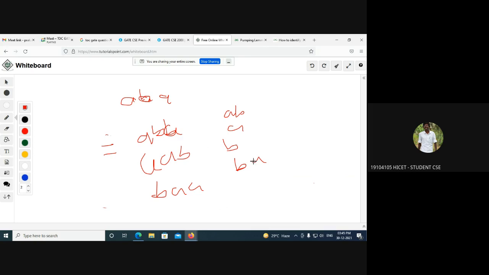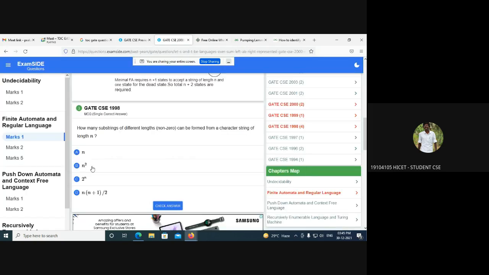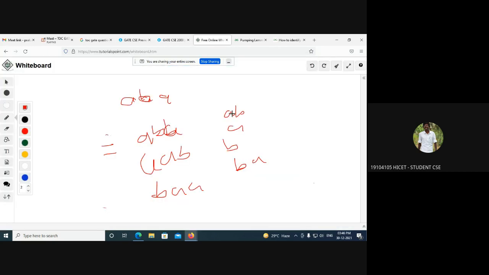3 power 2. Any substring is possible? A, B, B, A. A is possible. Roughly how much? Empty string. Any other possibilities?